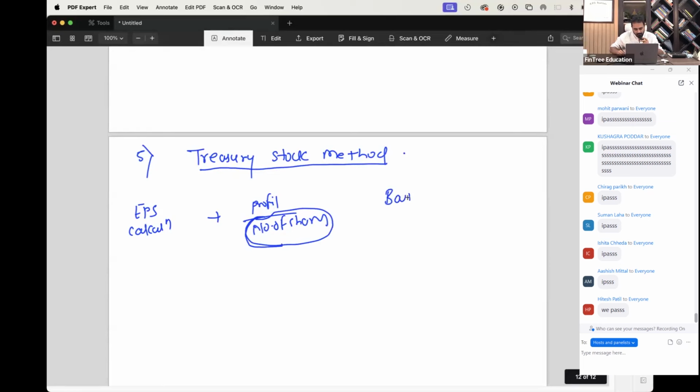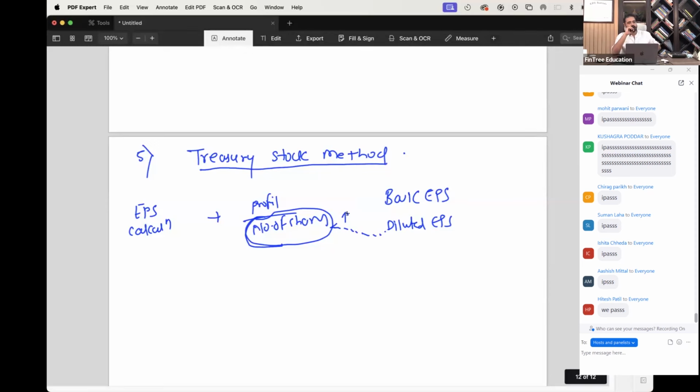We can have a basic EPS or we can have a diluted EPS. Primarily what happens is there is some impact on numerator, but in case of diluted EPS, the number of shares goes up because the firm has issued some potentially dilutive securities like convertible bonds, convertible preferred stocks.